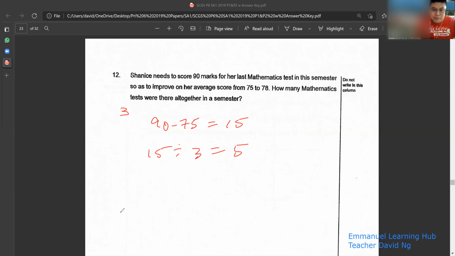Understand? This is your school method. Your teacher doesn't want to use algebra, right? Because it's scared P6 students still don't know algebra. So they'll show you this method. I can show you again.